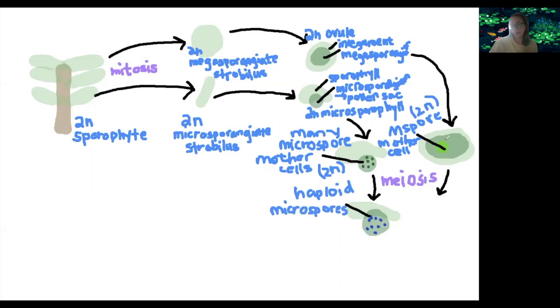So now in our female, of course, this megaspore mother cell is going to undergo meiosis. This is the only cell in the megasporangium that will undergo meiosis, and we'll end up with four products from that meiosis event, 3 of which will die. So we will end up with a single megaspore.